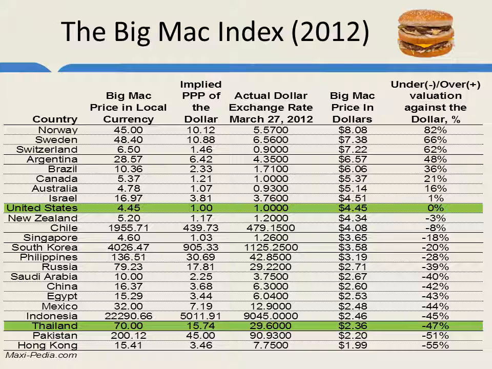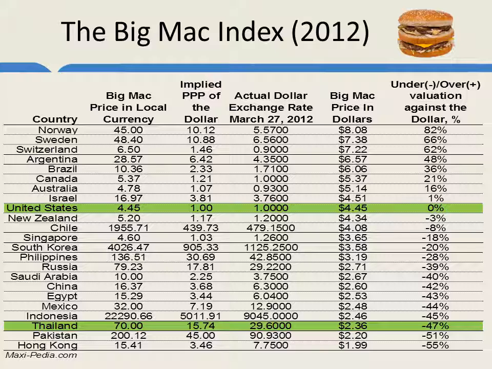If you used the exchange rate to look at standard of living, this would suggest that somebody who earns 70 baht an hour in Thailand actually has a standard of living equivalent only to $2.36 an hour in the United States, while in fact we know the actual equivalent is $4.45 an hour. We know that the person in Thailand can afford a Big Mac, not just half a Big Mac, as the exchange rate would suggest. Well, why is this?